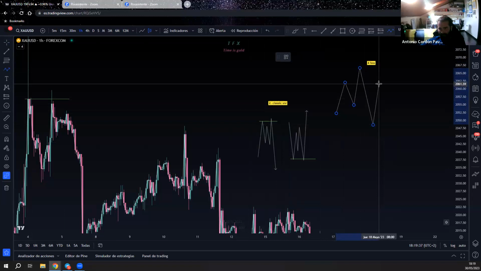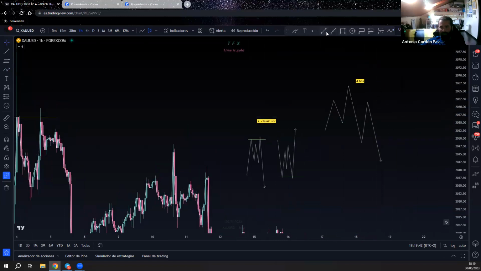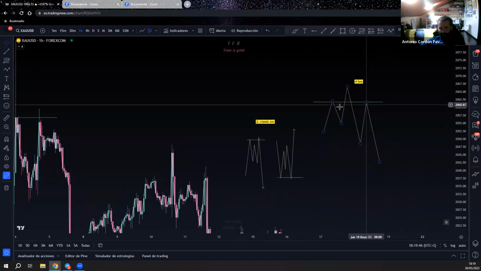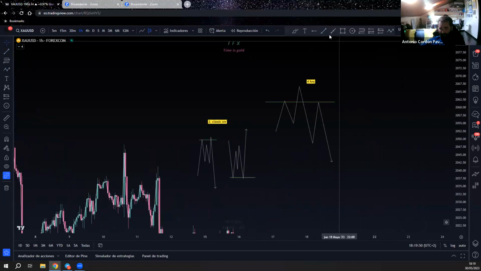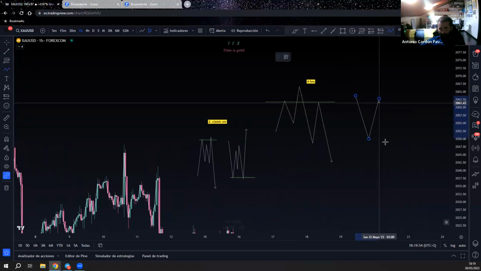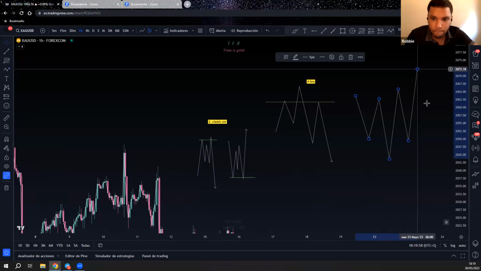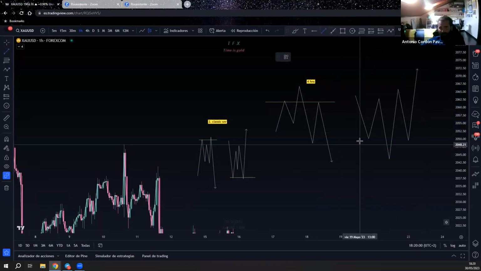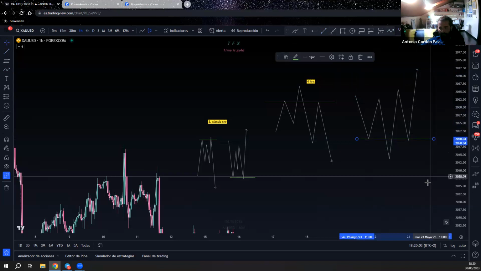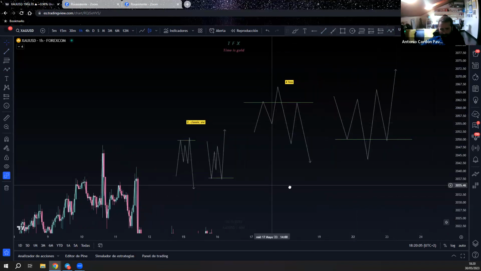Then we come to the same level, and then we bounce. So we have to find this level from here. This is like shoulder, head, shoulder. And the other example is shoulder, head, shoulder, and then, okay. And we have to try to find the level right here. Okay, this is the head and shoulders.